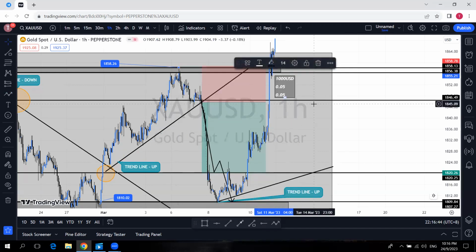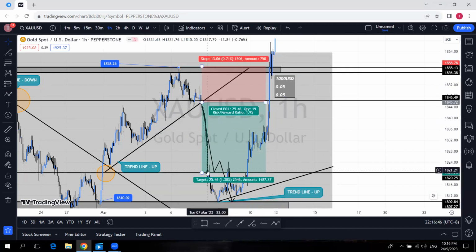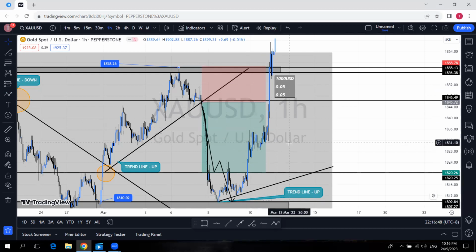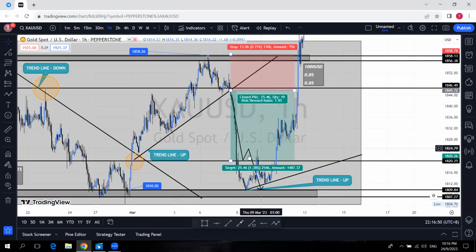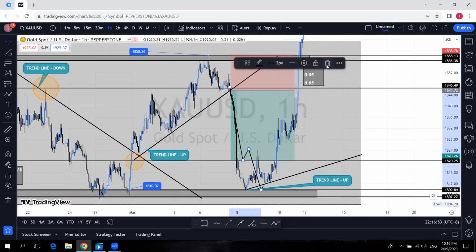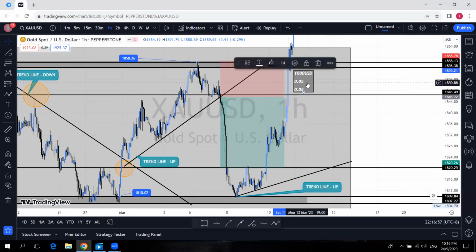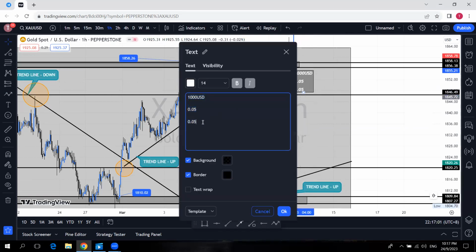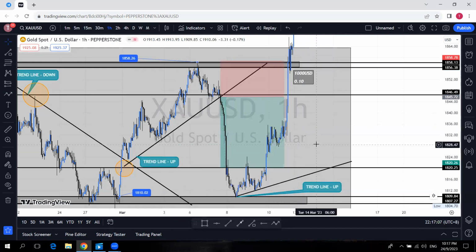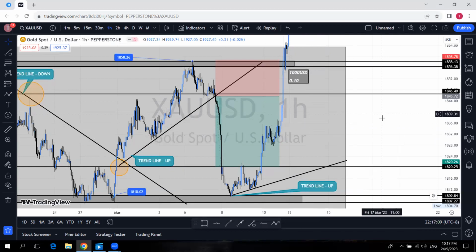You can split it into one aiming for take profit 1 and one aiming for take profit 2. You can do that as well. For this one, I won't go into depth about layering, I'm just giving you the example. You can just use 10 cents if you want. Even if you use 10 cents and you go for take profit 1, it's still quite a lot. It's not quite a lot, it's a lot actually.